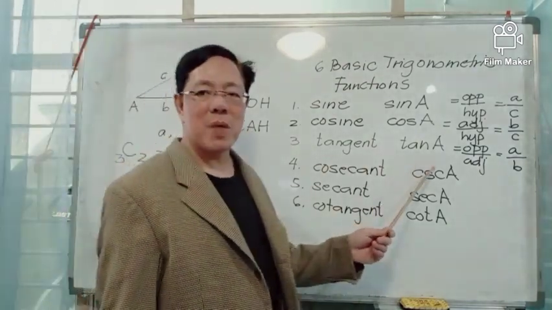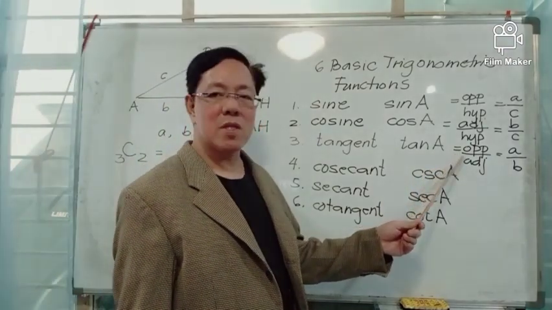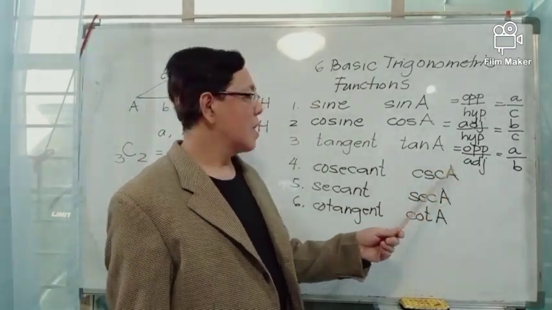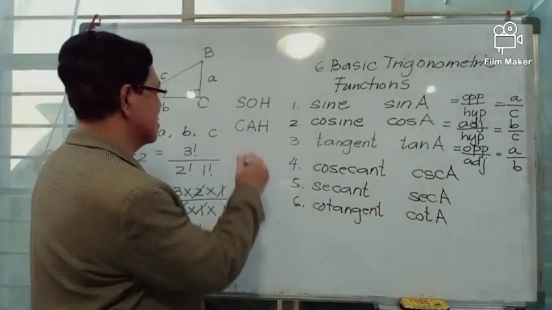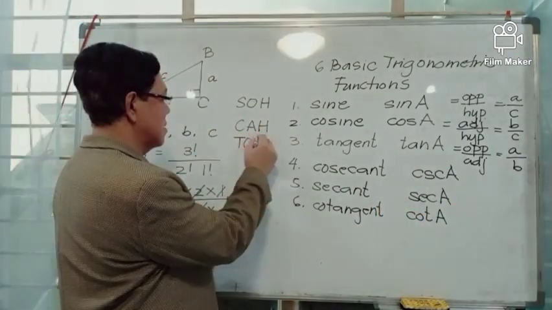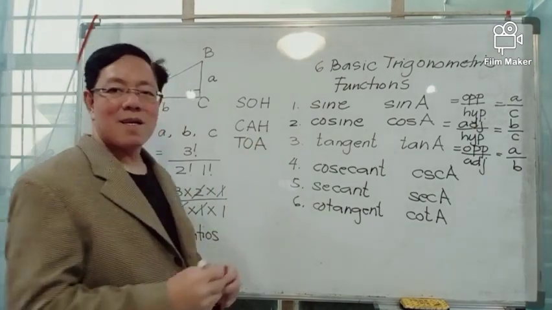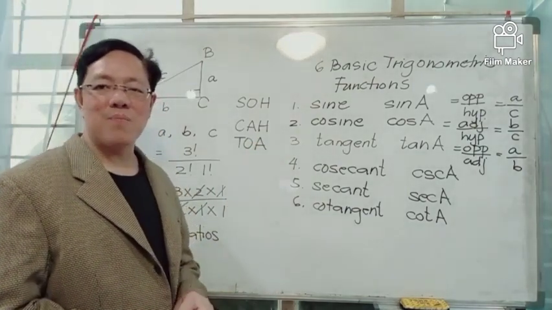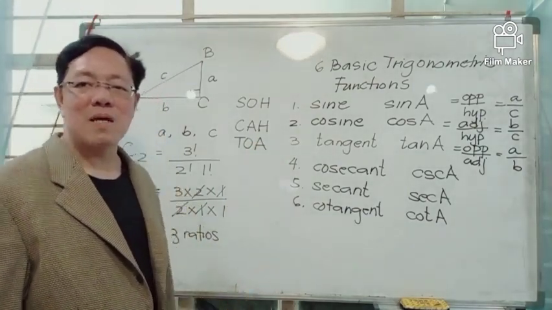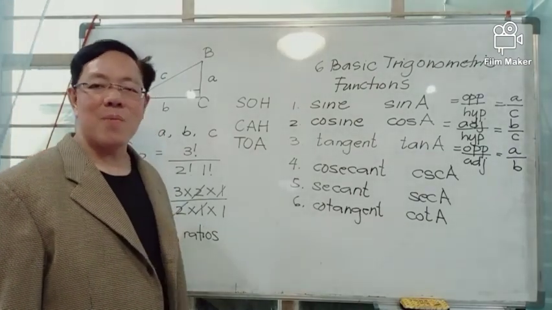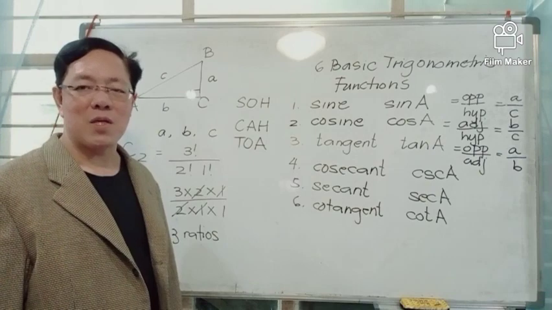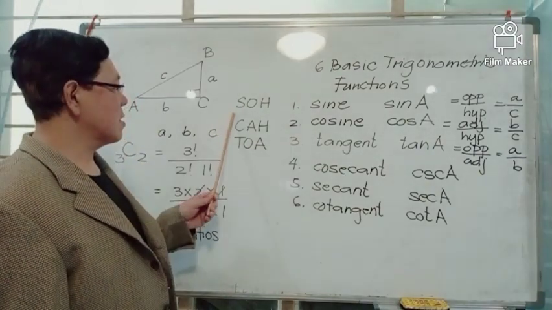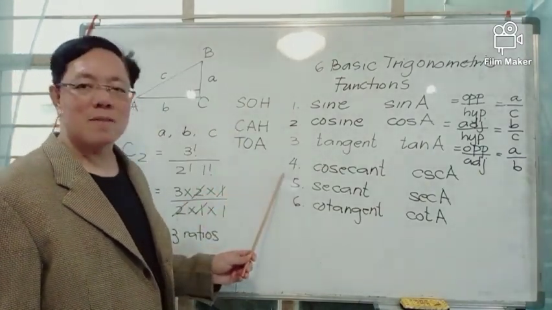And tangent of A, defined as the ratio of the opposite to the adjacent, is written as TOA. This is what some people use to remember the first three of the basic trigonometric functions of an acute angle using SO, KA, TOA.